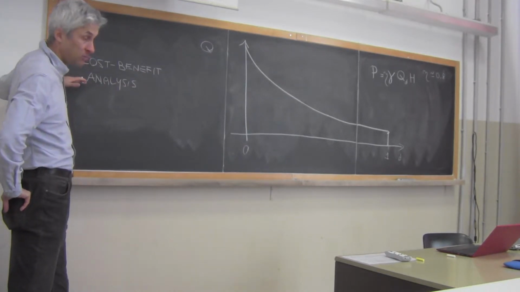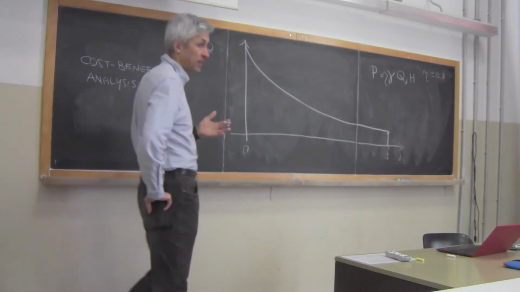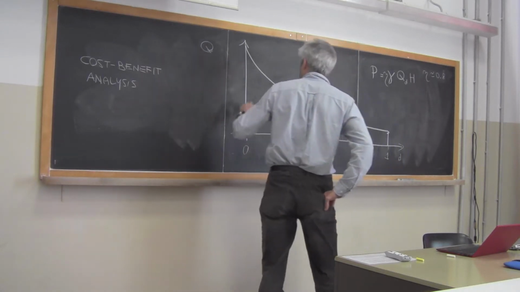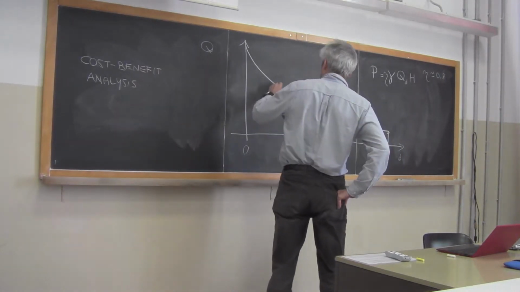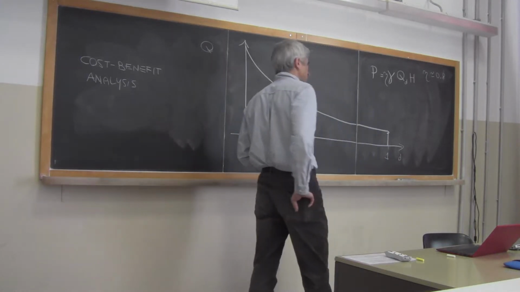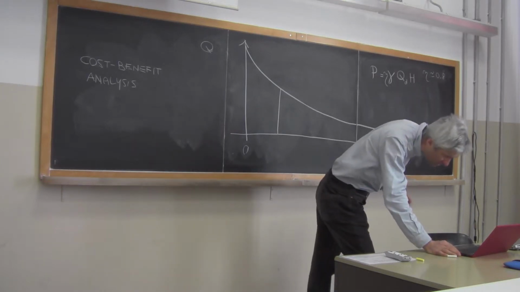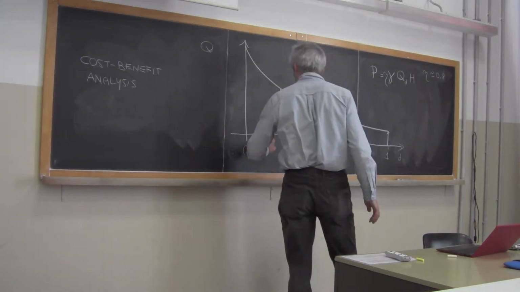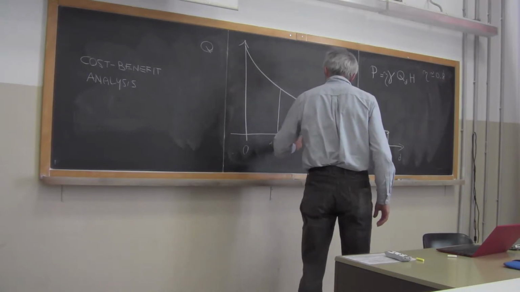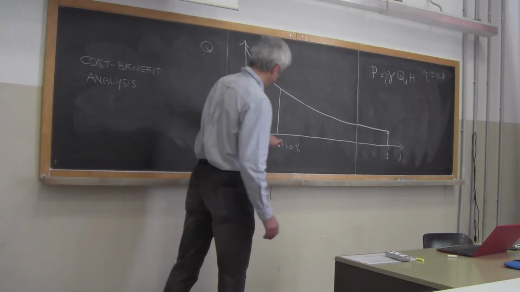But we have a rule of thumb. The rule of thumb says that for a run-of-the-river plant, usually, the optimal design corresponds to a duration of about 60 days, which means, let's say, 15, 20%. This is our rule of thumb.